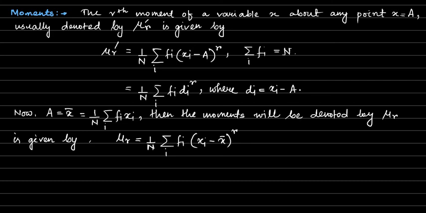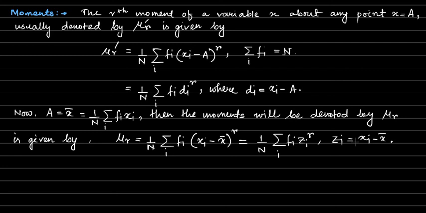Or we can write this as 1 by n summation over i of fi into zi to the power r, where we have substituted zi to be xi minus x bar.